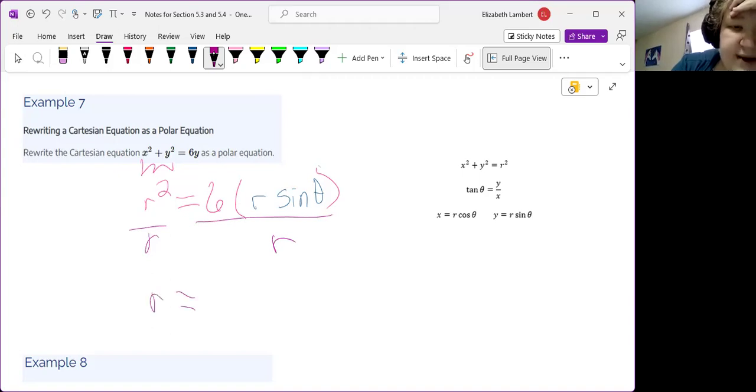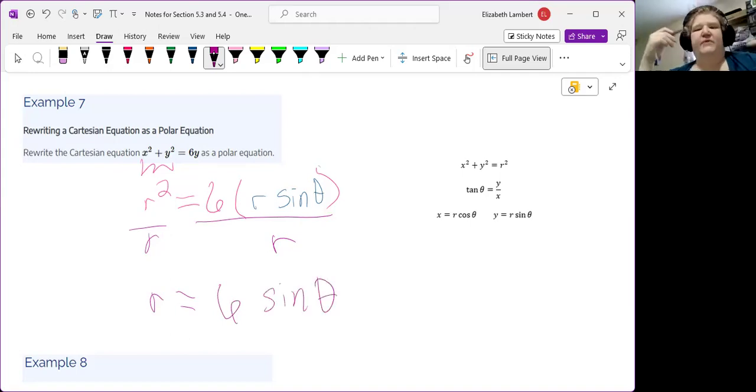So we now just have r equals 6 sine theta. Having both sides multiplied by an extra r is just redundant because it would be the same number on both sides. Or if it's 0, we still have an r there, so it would still be 0 equals, but instead of getting a 0 on the other side, now we have actual values there.